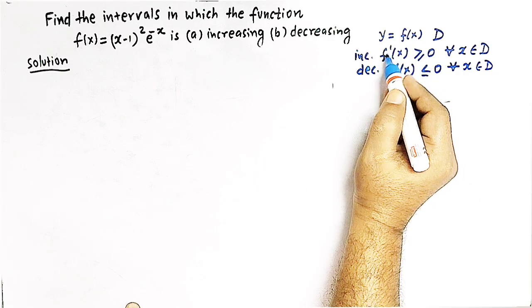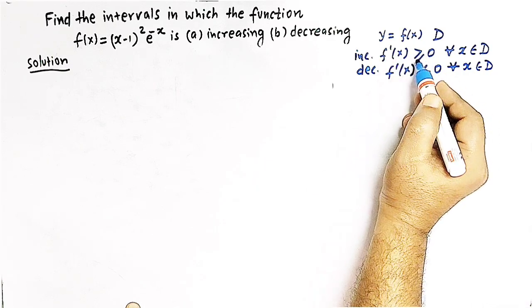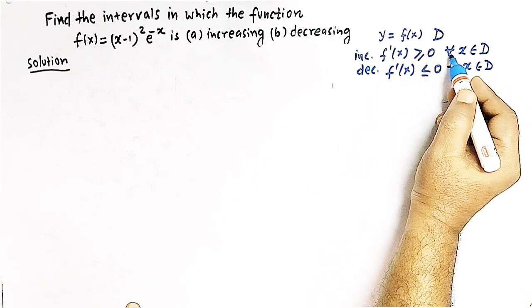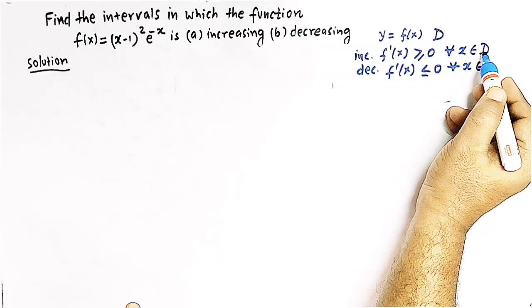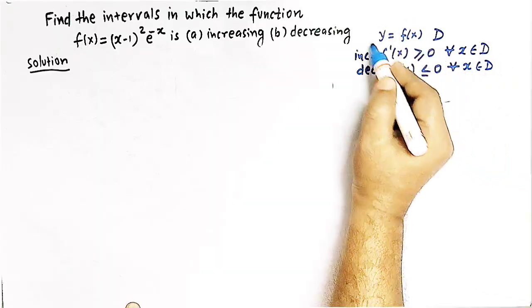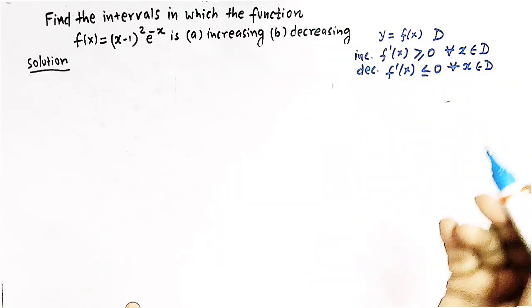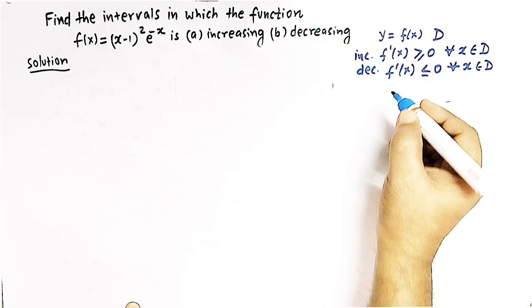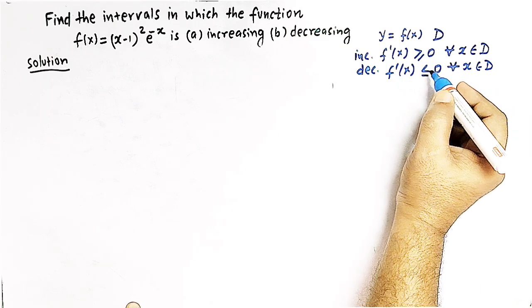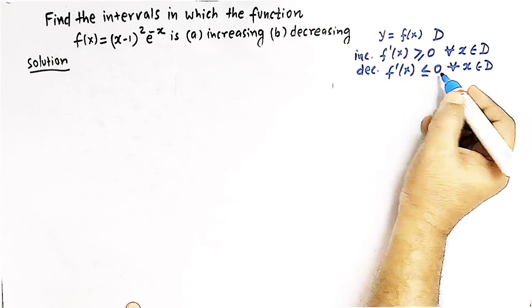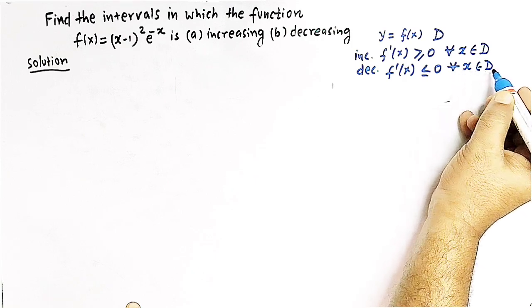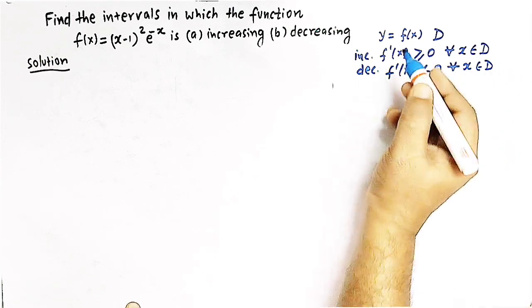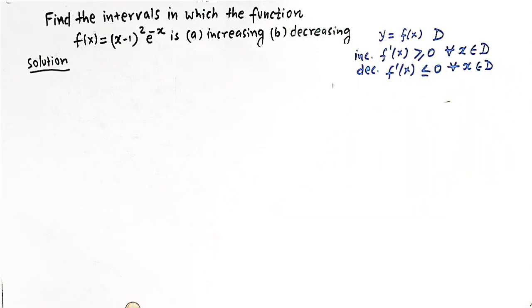So if the derivative is greater than or equal to 0 for all values of x belonging to the domain, then this function is said to be an increasing function. And if the derivative is less than or equal to 0 for all x belonging to the domain, then the function is said to be a decreasing function, right?